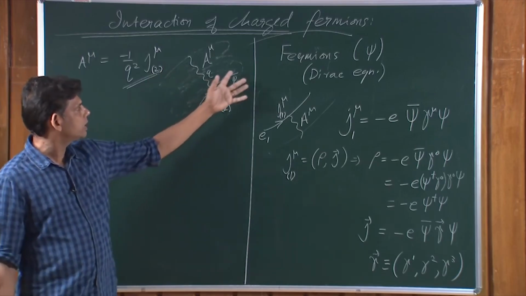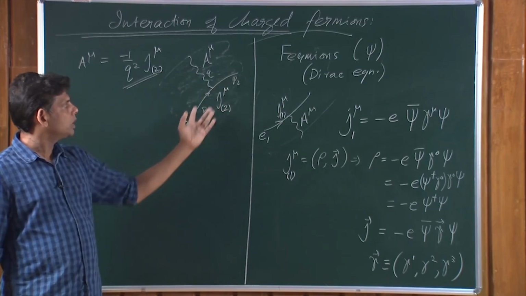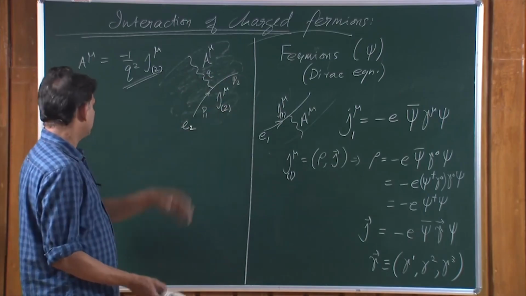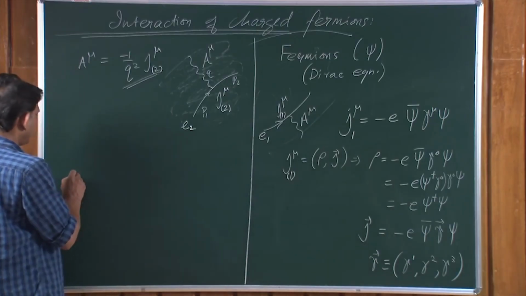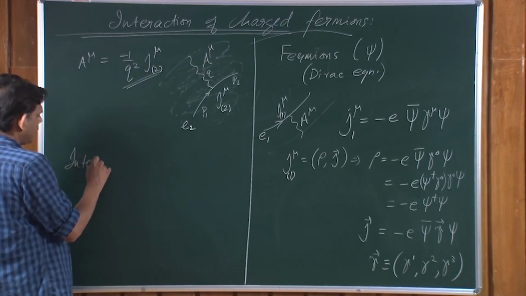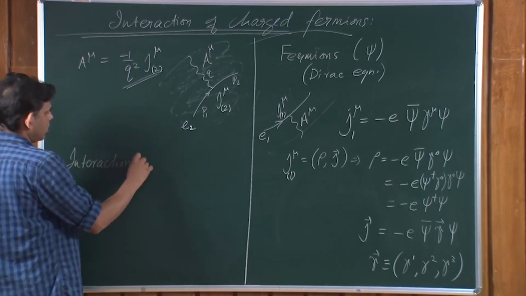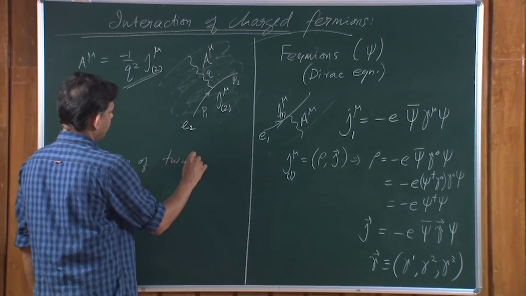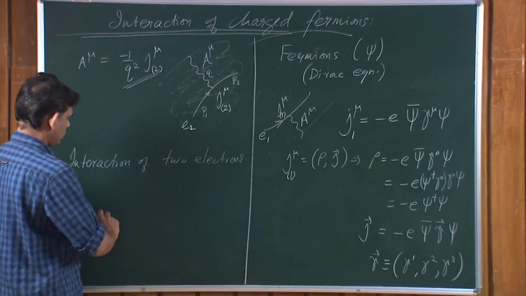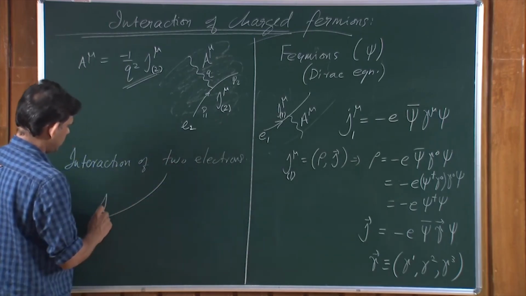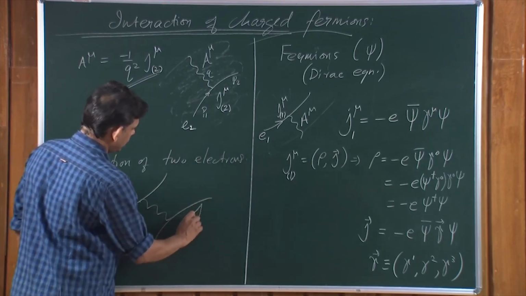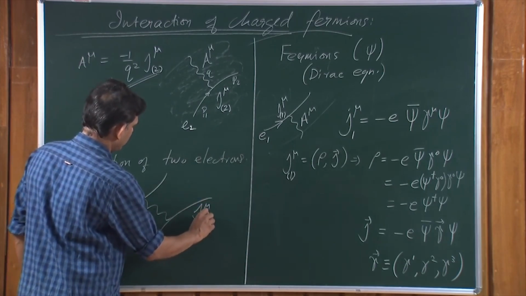So, we are saying that A mu is coming from this second electron. So, in a sense we can talk about the interaction of two electrons as one current J 1 mu interacting with another current J 2 mu.